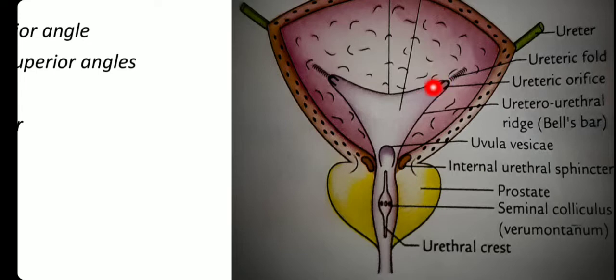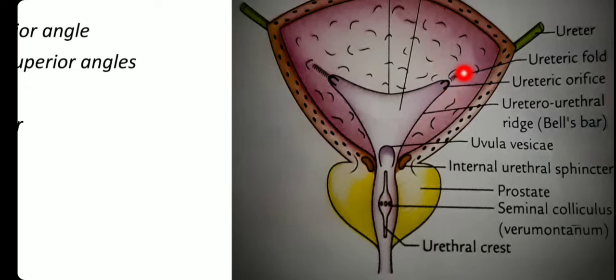On the other hand, along the lateral ends of this ridge, beyond the ureteric openings, lie the ureteric folds, which are produced by the ureters running obliquely through the urinary bladder's wall.